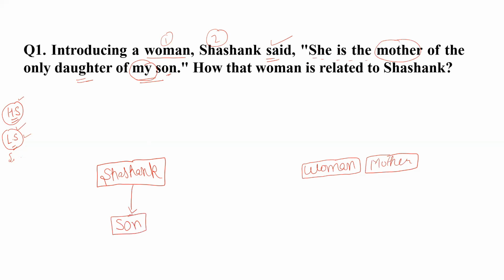Shashank is saying she is the mother of the only daughter of my son. So Shashank is telling about the daughter of his son. The son's daughter also has a lower level relationship than the son. That's why I'm writing here, as I am not having the space below that. So he is referring to the daughter of his son.